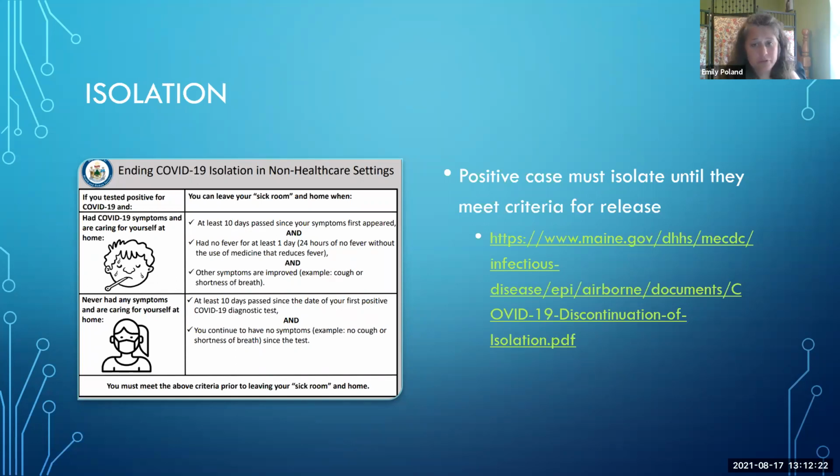They have to be improved. They don't have to be gone. Someone who never had any symptoms has to be at least 10 days from the date that they were tested. So the date that they were swabbed is the counting day, and that is day 0. So onset day is day 0.